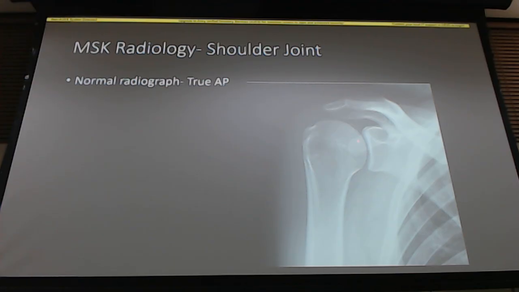So you're looking for different pathology with that. Everybody understands that? Sorry, I'm going really quick on that. So instead of seeing the depression of the glenoid, now you're just seeing the profile of the glenoid. So if you're looking for fractures of the glenoid, sometimes you get this view instead. Again, just understand that there is a difference between a true AP and an AP. Are we good with that? Okay.